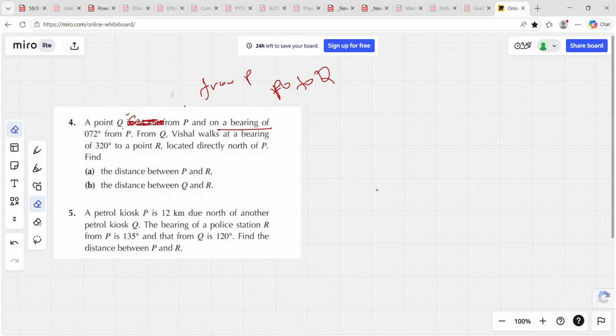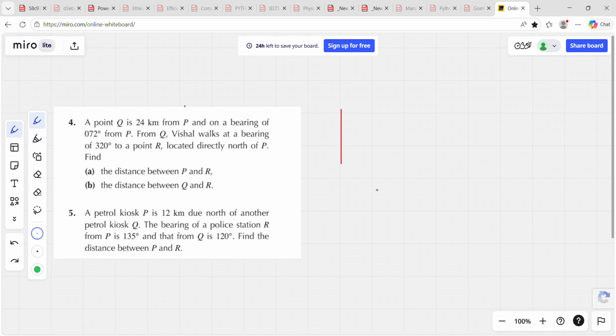First, they said you have to give a point. This is our p, and the bearing is 72 degrees. Approximately, this is 90, and this particular portion should be 72.